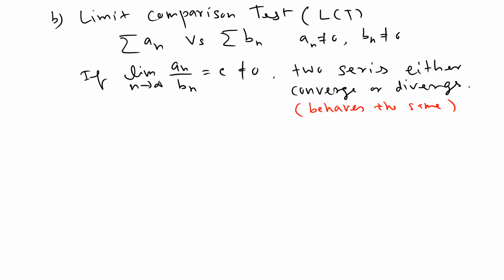So it depends on 0. Limit 0 means the terms of the top one are much smaller compared to the terms of the bottom one. If you get infinity, that means the terms of the top one are larger compared to the bottom one. Okay, so that's the idea.